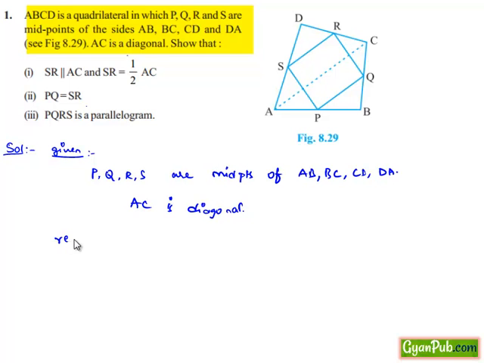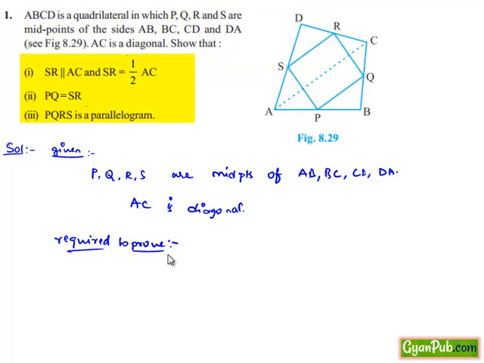He asked us to prove that, first thing, SR is parallel to AC and SR is equal to half AC. Second, PQ is equal to SR. And third, PQRS is a parallelogram.